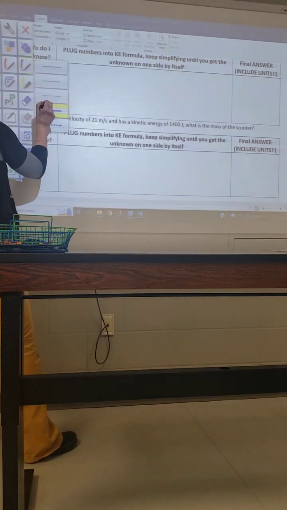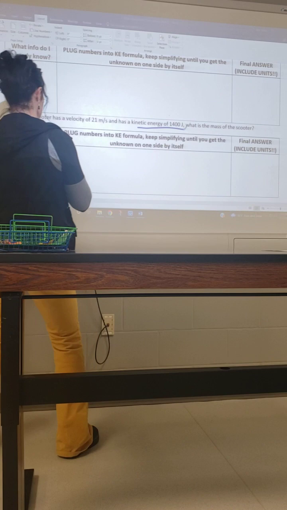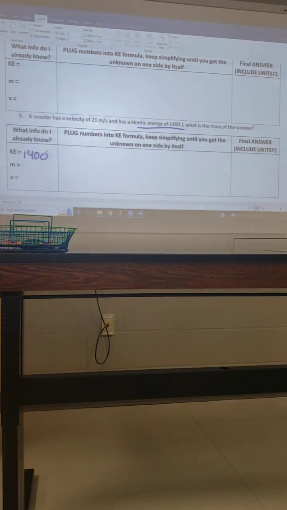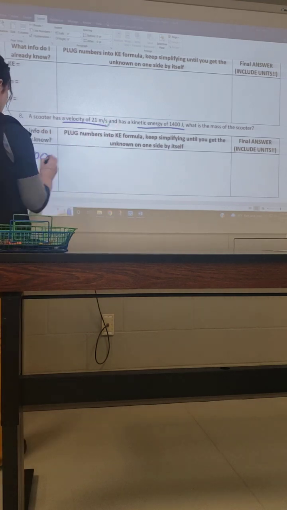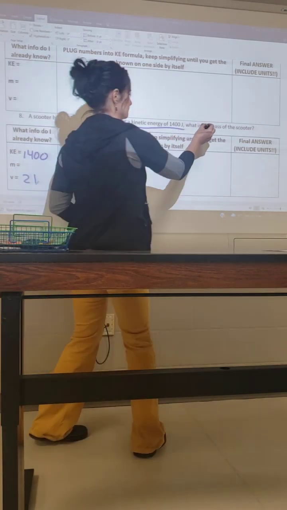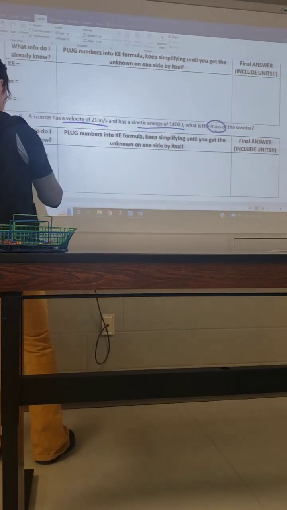It's joules, and the problem says it, so I'm going to fill that in here. And what else is given, Kenna? The velocity of 21. Okay, so I'm going to fill that in, and then what are we solving for here? Mass. Good. That's what I circled, that's my question mark.